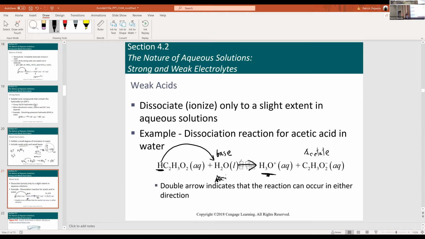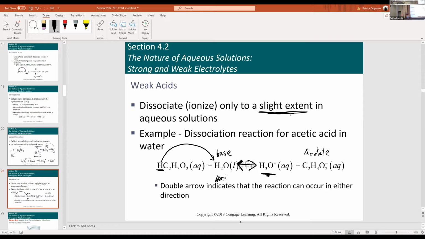But a key thing to know about this is that when weak acids dissociate, the reason why it's called weak is because they dissociate only slightly, a slight extent of dissociation. Meaning, I would say 1 to 3% at most of the acetic acid molecules dissociate. The rest of them are left as acetic acid. So most of it's not going to react. That's why I drew this double arrow. It's called an equilibrium equation.